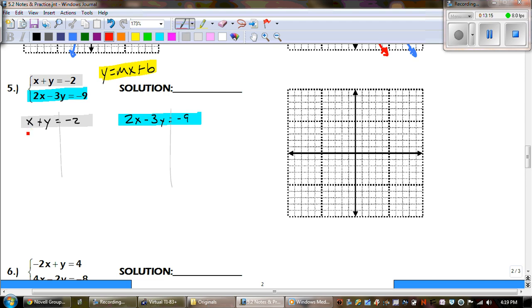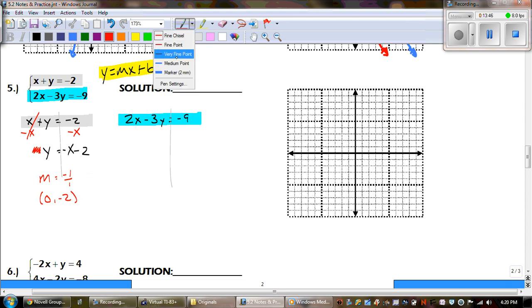So we need to subtract the x from both sides, and we get y equals -x minus 2. Oh, sorry, my x was wrong right there. That should have been -x. So my slope is -1 over 1, and my y-intercept is at the point 0, -2.